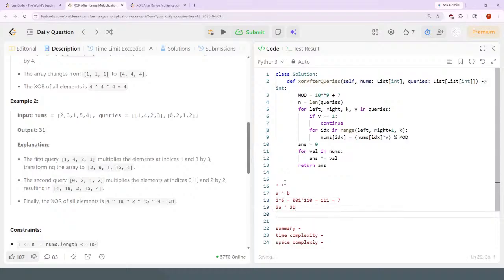And then 3A, so 3 times 1 is 3, which is 0, 1, 1, XOR with 3 times 6, which is 18. 18 will be 16 plus 2, with place values 16, 8, 4, 2, 1. So that's 5 digits, and that's going to become 1, 0, 0, 0, 1. Yeah, okay, let me use an XOR calculator.